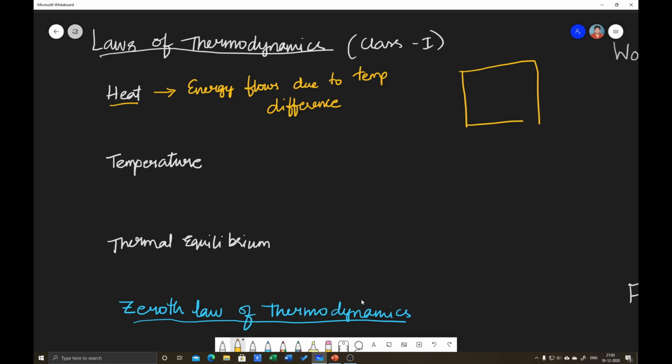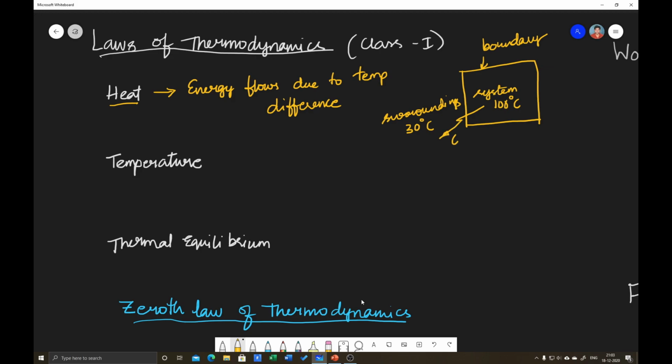If we want to discuss a system, say this is a system, and this is the boundary, and outside the system there will be surroundings. So say if the system temperature is 100 degrees centigrade and the outside temperature is say 30 degrees centigrade, what will happen?